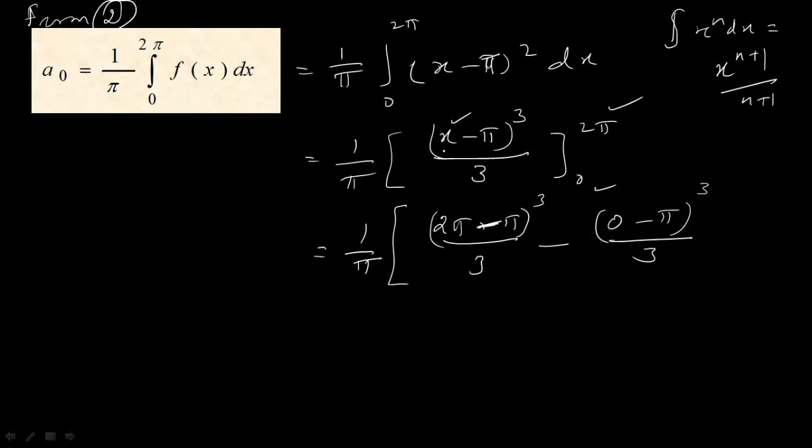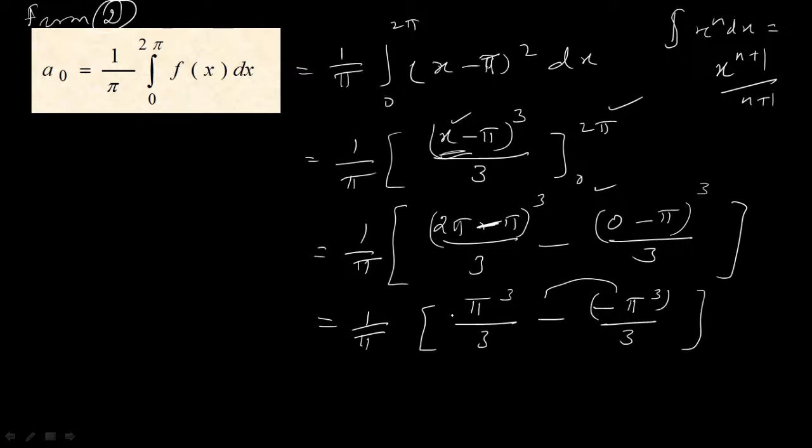You replace the x term by 0 and you get this term. Now simplifying this, you get 1 by pi. 2 pi minus pi is nothing but pi itself, that is pi cube divided by 3, minus. Listen carefully, 2 pi minus pi is plus pi, that's why plus pi cube. Here you have minus pi. If you cube that minus pi, you get minus of pi cube, right? Divided by 3.